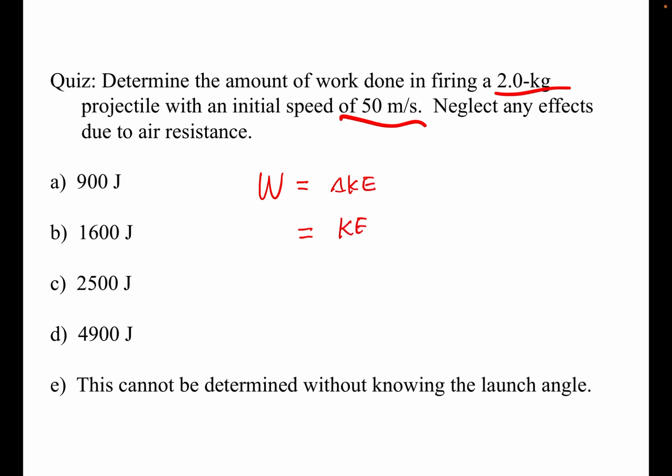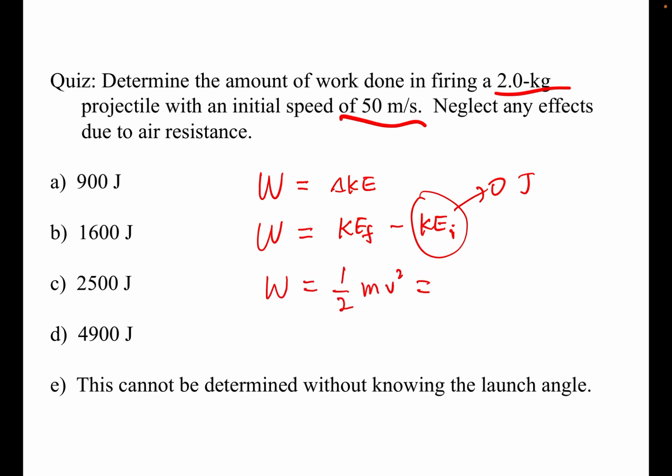Initial kinetic energy is 0. So work equals the final kinetic energy. If we want to find the work, we just need to calculate the kinetic energy. Put all the numbers in. Answer is C.